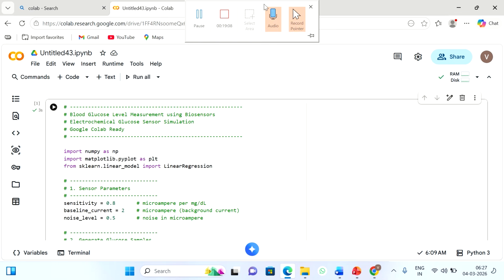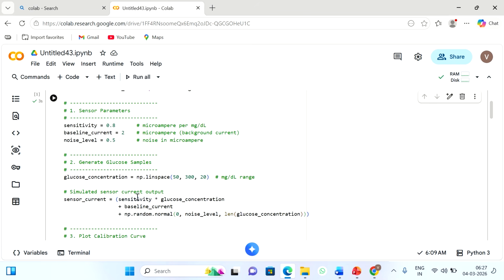These are all standard, accepted values. Baseline_current is also a standard, accepted value, equal to 2 microampere, and noise_level is equal to 0.5. Normally the noise will be very low in amplitude, and that is what we are considering.